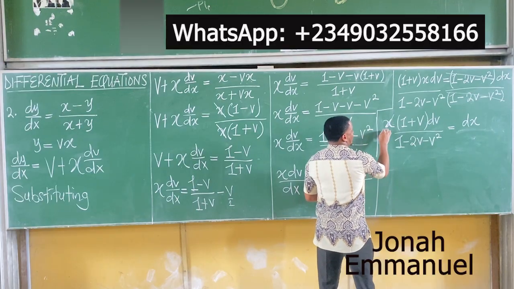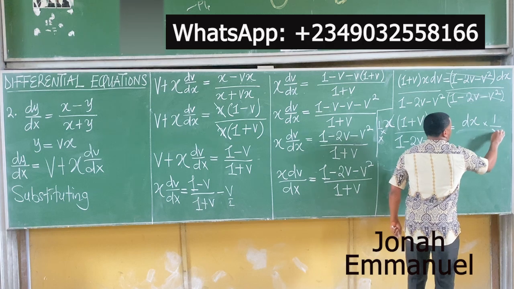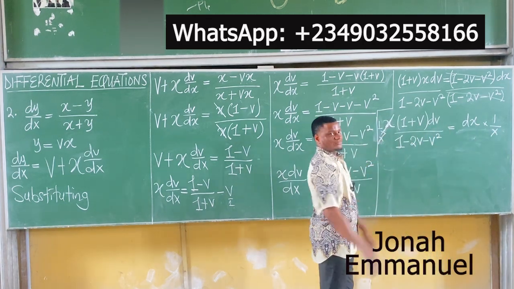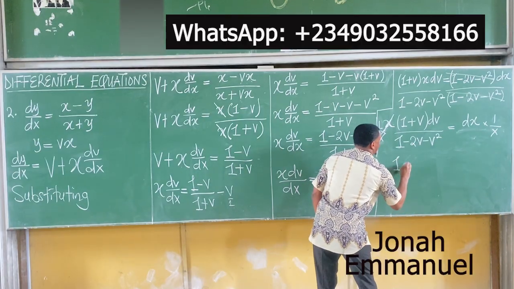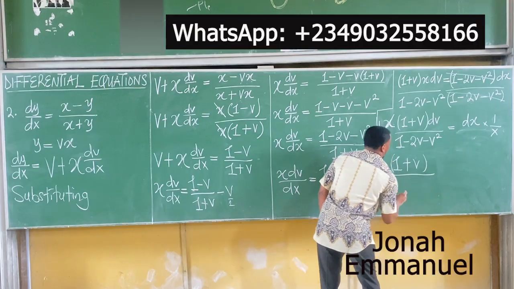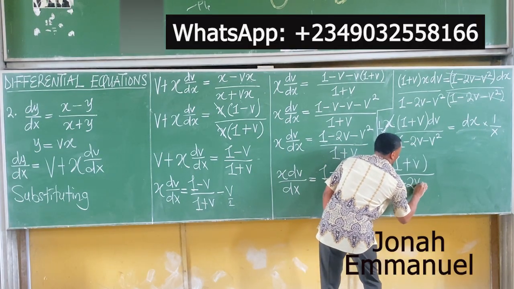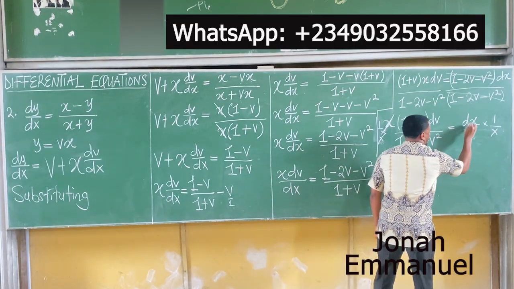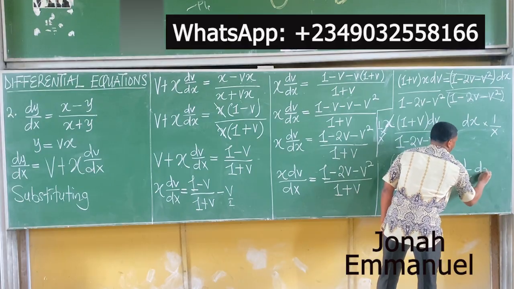You can say multiply here by 1 over x, multiply here by 1 over x. This will now cancel this. This one looks much more usual. So you now have that 1 plus v all over 1 minus 2v minus v squared, this dv is equal to, this is dx, or 1 over x, 1 over x dx.